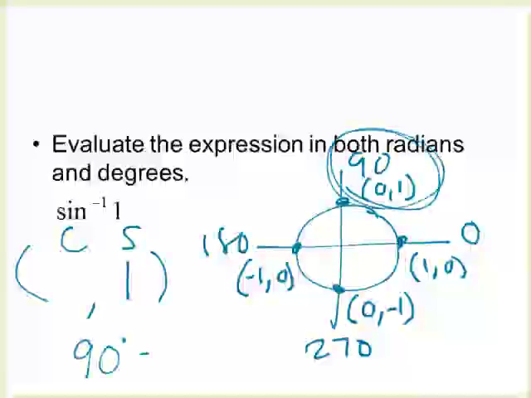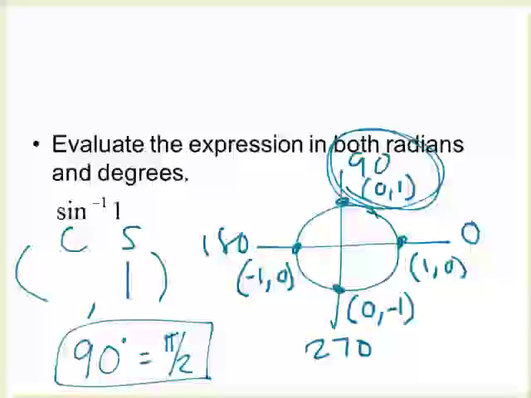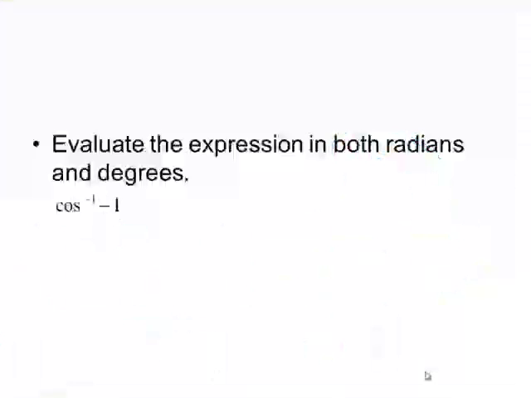How many times does 90 go into 180? 2. So my first strategy is to always try to look for a triangle. But if you end up needing a hypotenuse of 1, that doesn't happen. So then I resort to going to the circle. The next question is a negative value.